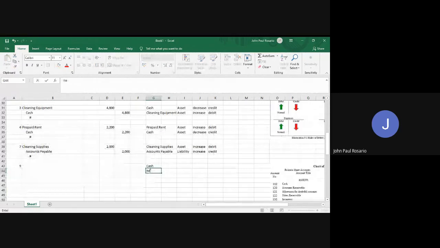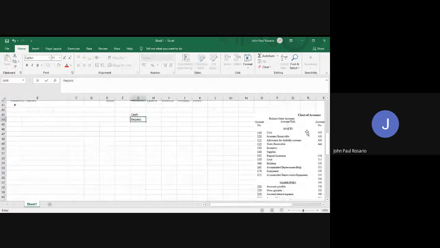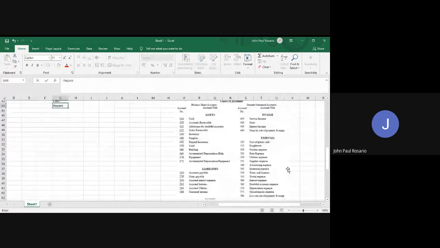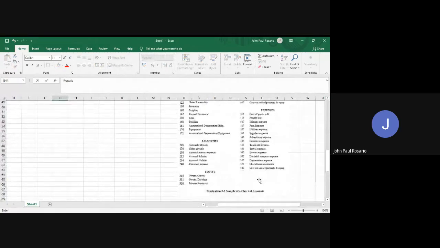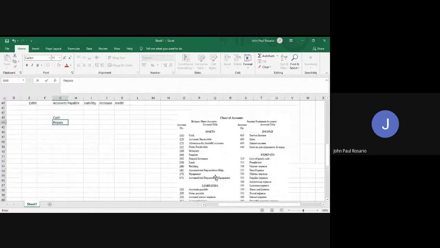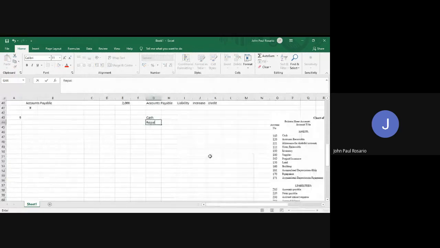Guys, it's not always necessary that everything is complete; there are instances where other things are agreed that are not written here. So, repairs and maintenance expense.